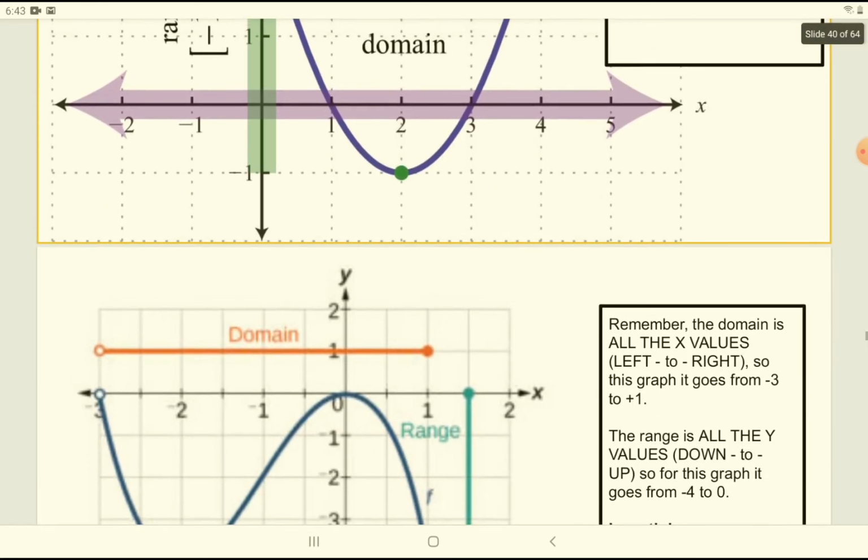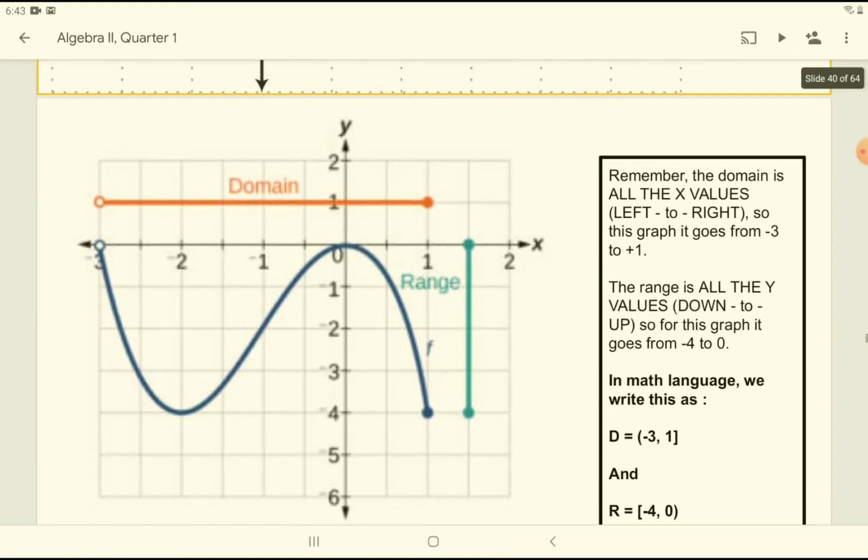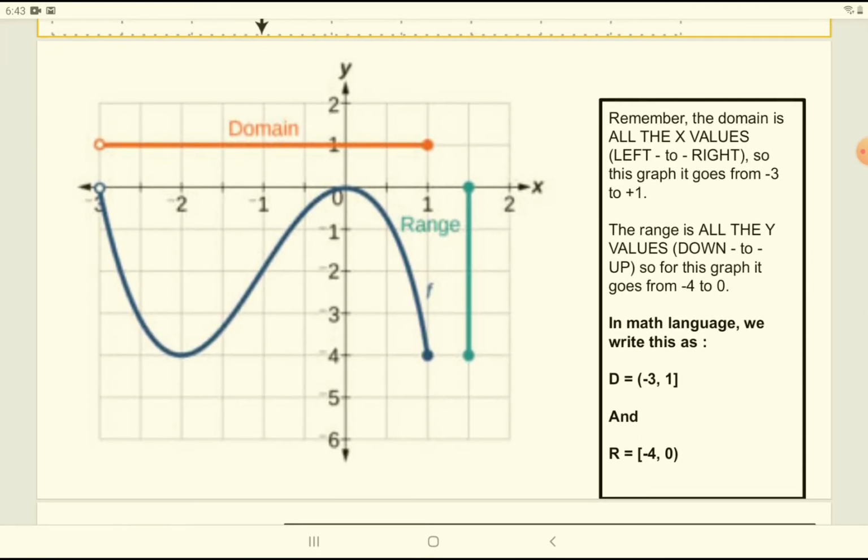Okay, here we go. So here's another curve. Remember, domain is from the left all the way to the right of whatever graph, and then the range is up and down. Okay, so I'm going to read the box.